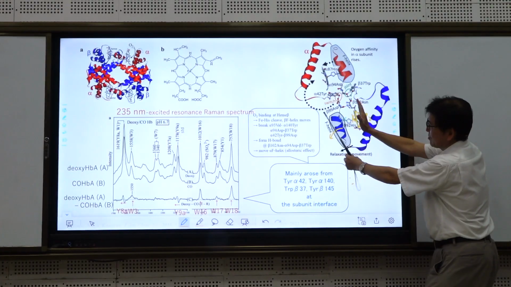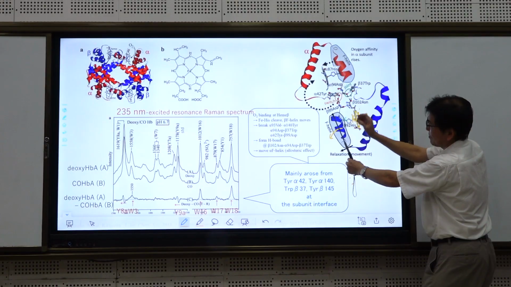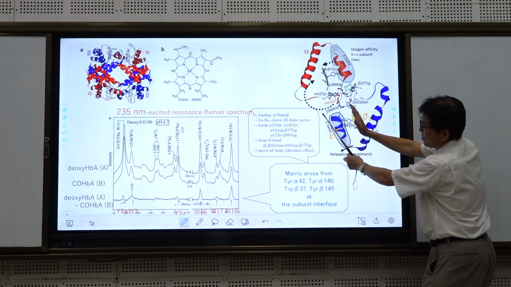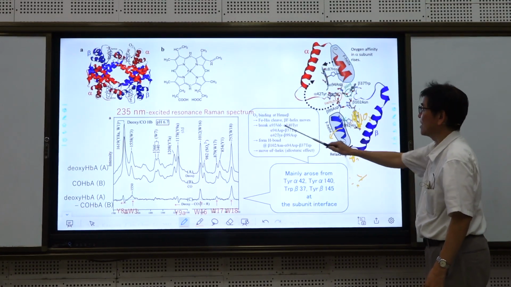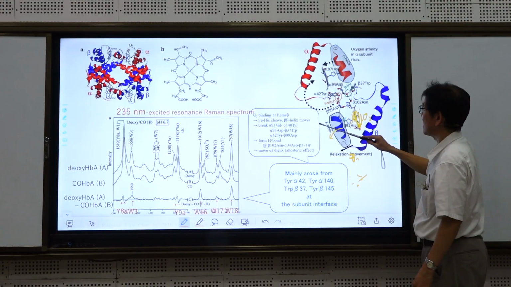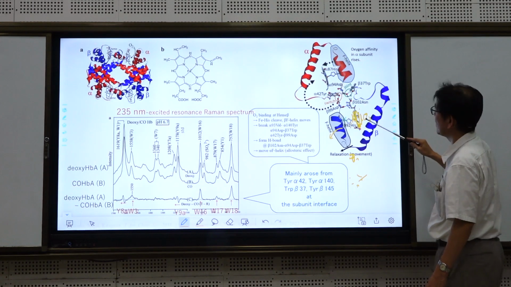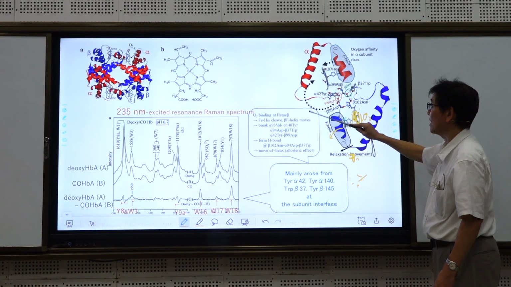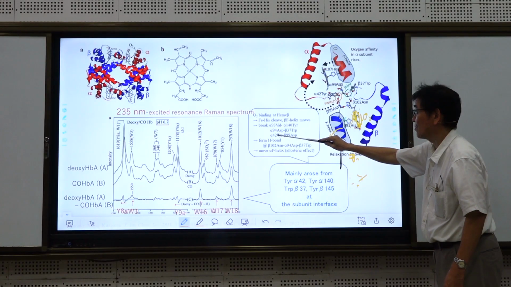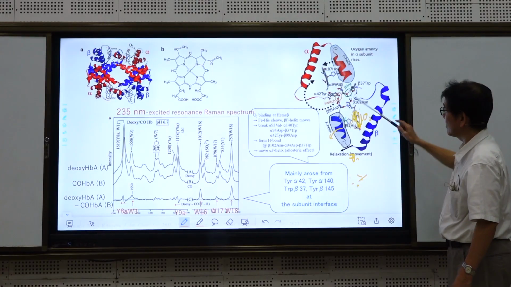This helix is bound to heme by histidine iron interaction, but once this is cut, it moves a little bit. Then this movement breaks valine tyrosine hydrogen bonding, and aspartic acid tryptophan hydrogen bonding, tyrosine 42, aspartic acid 99 hydrogen bonding.